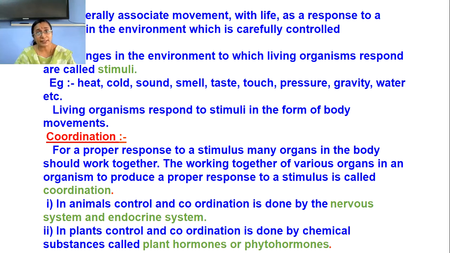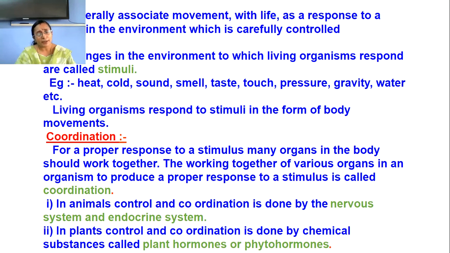Now you have also seen that when our body shows movements in response to stimuli, there must be some factor in our body deciding what type of response to show, because all the stimuli are not similar. They are different types of stimuli and we show different types of responses.